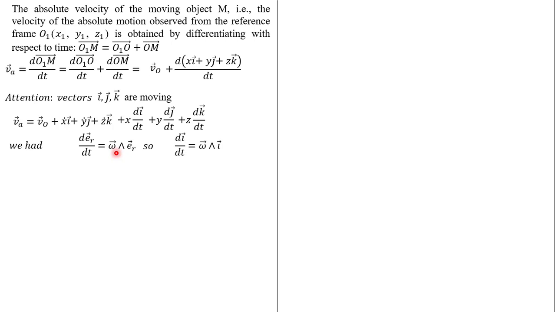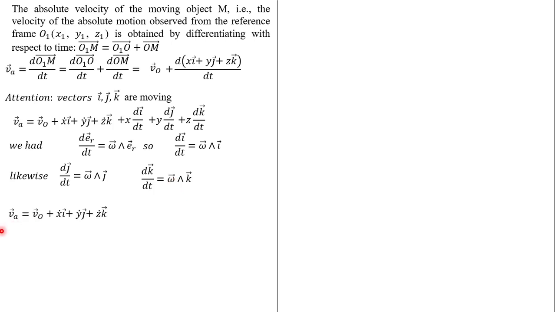Similarly, now we can prove that di over dt is equal to omega cross I. We can prove this relationship, but for now we will just use it. It's easy to prove, and therefore we can use, or likewise we can say that dj over dt is also equal to omega cross j, and dk over dt is equal to omega cross k.